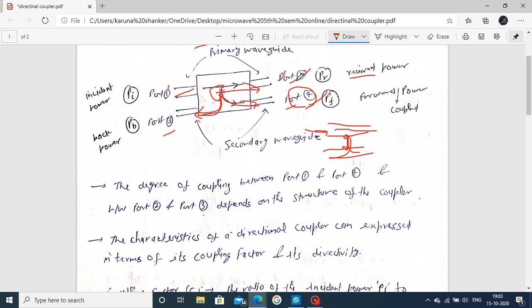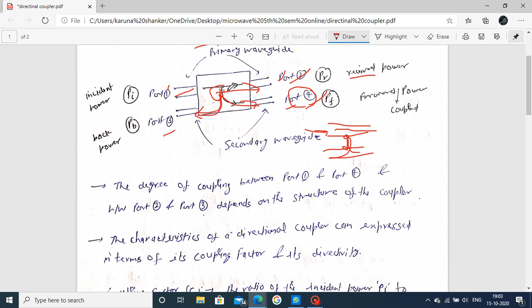Generally this is used in a particular application, such as when you connect the transmitter to an antenna. This amount of power you want to receive at port number 2, and some amount of power is received at port number 4. This depends upon the coupling values.